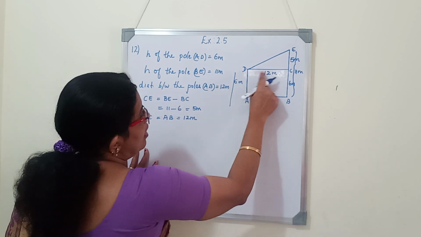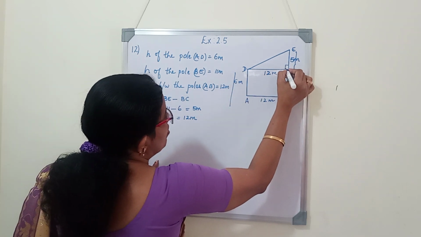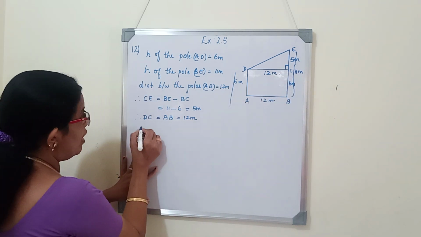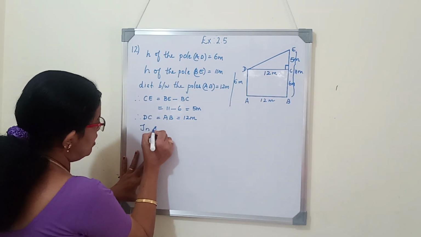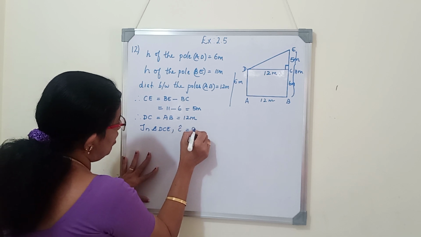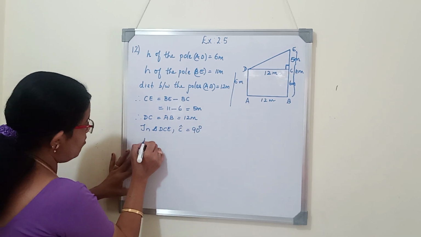Now, here we got a right angle triangle as the poles are vertical standing. Angle C is 90 degree. In triangle DCE, angle C is 90 degree. We'll apply Pythagoras theorem.